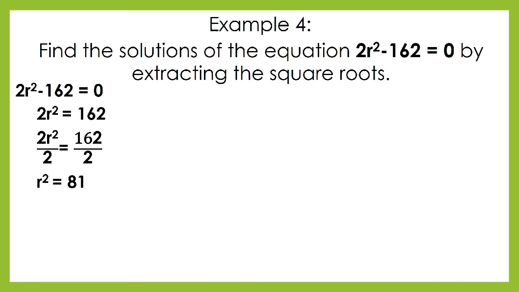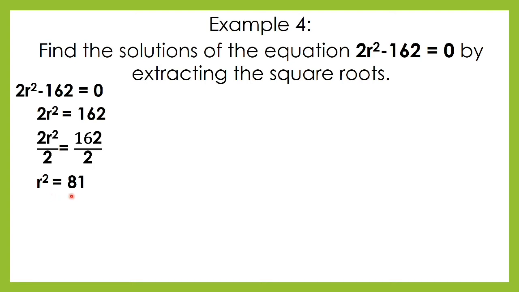Simplify. 2r squared over 2 is equal to r squared. 2 divided by 2 is 1, kaya ang natira na lang ay si r squared. 162 divided by 2 is 81. As you can see, this is in the form of ax squared equals c.